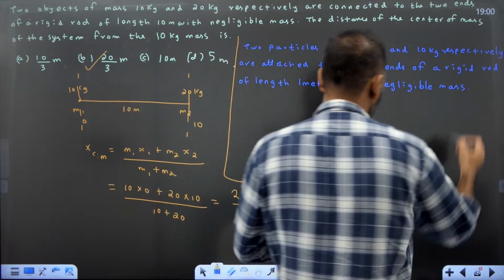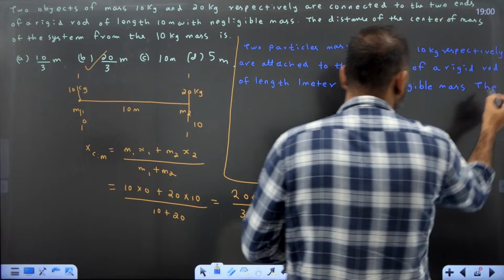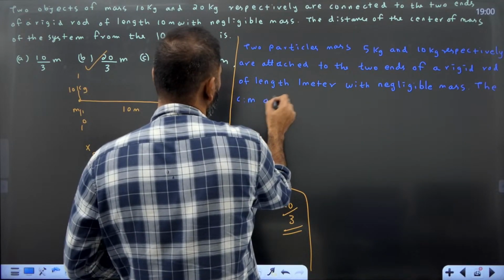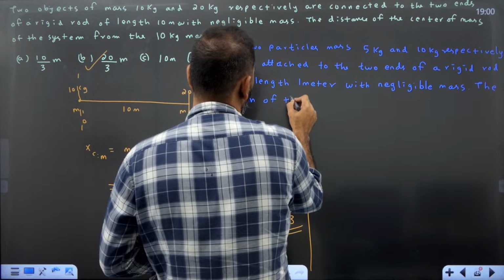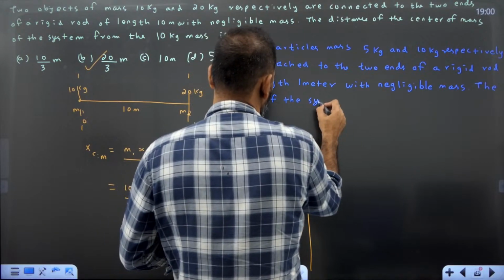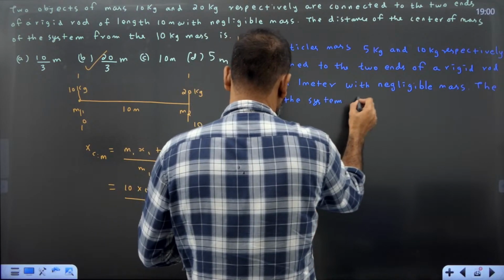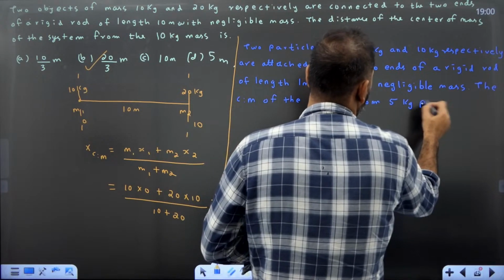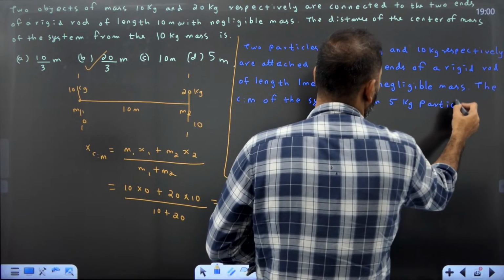The center of mass of the system from the 5 kilogram particle is dash.